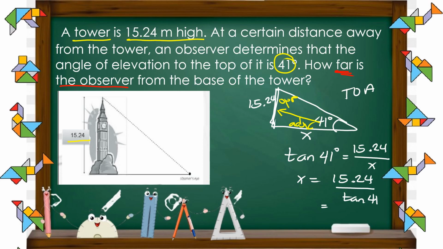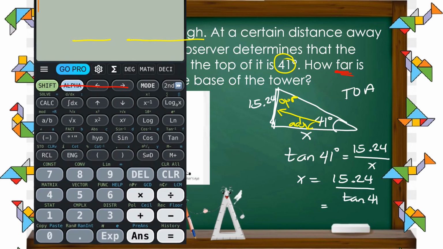Let me erase this first so that you will be able to see. Using your calculator, you just input 15.24, then the division sign, then tangent 41, then your equal sign.